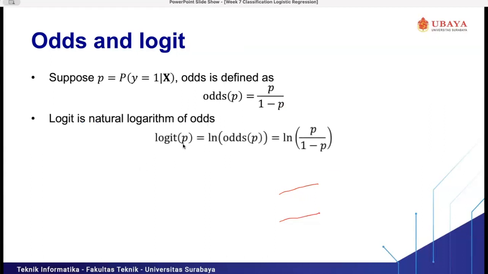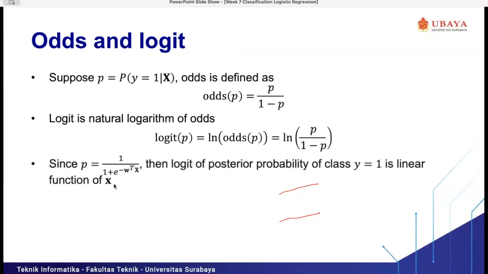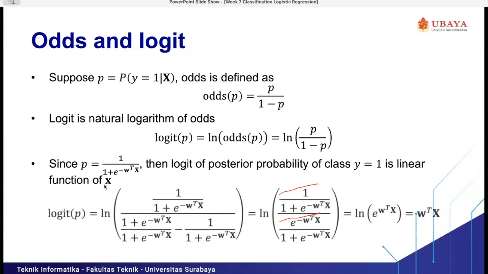So logit P will be the natural logarithm of P divided by 1 minus P. Since P equals 1 divided by 1 plus e to the power of minus W transpose X, which is the sigmoid function in logistic regression, then the logit of the posterior probability of class Y equal 1 is a linear function of X.